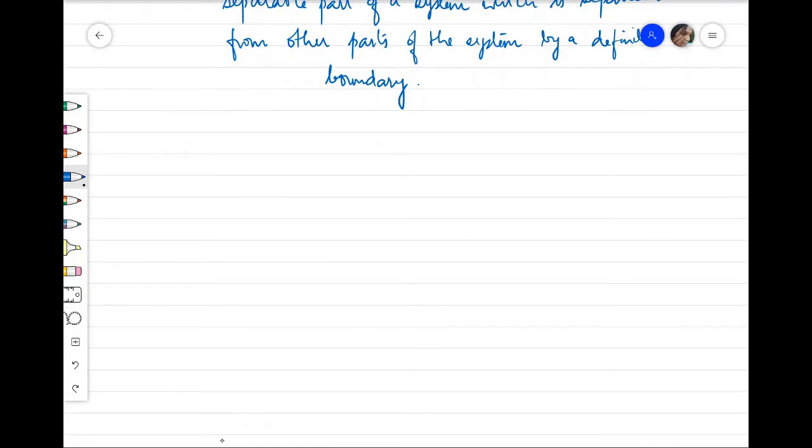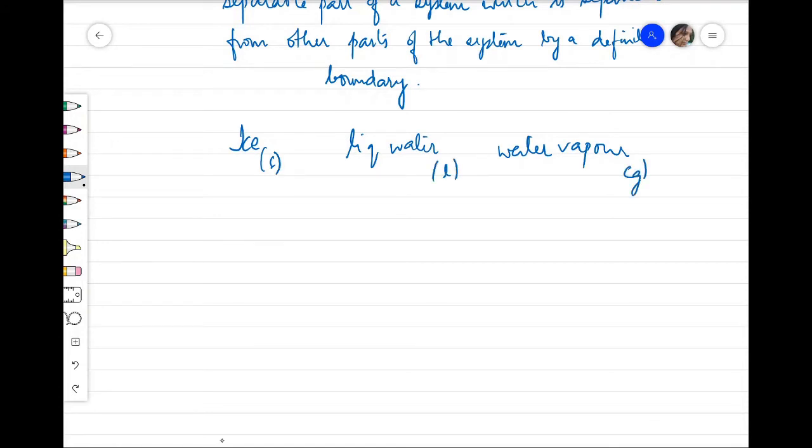Let me take water. It exists as ice, as liquid water, and as water vapor. So this is the solid form, this is the liquid form, this is the gaseous form.